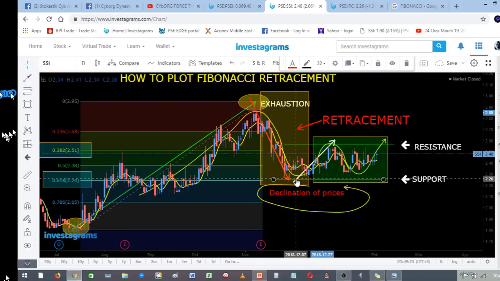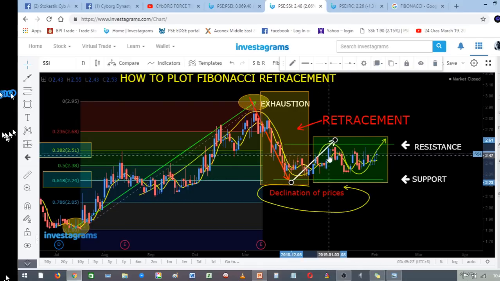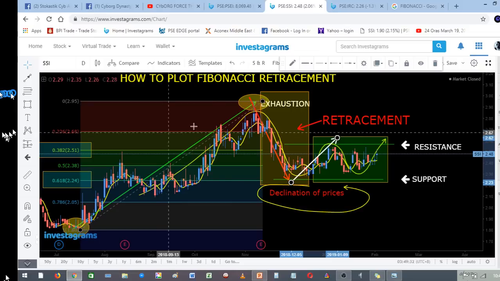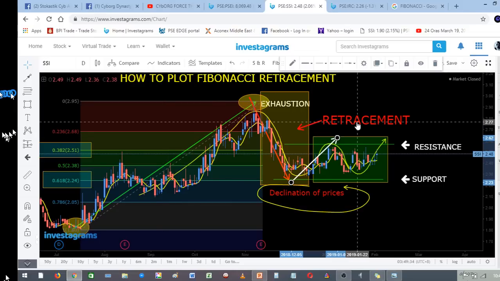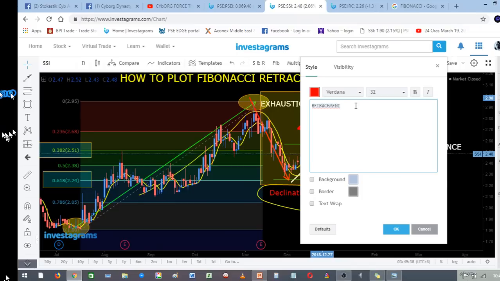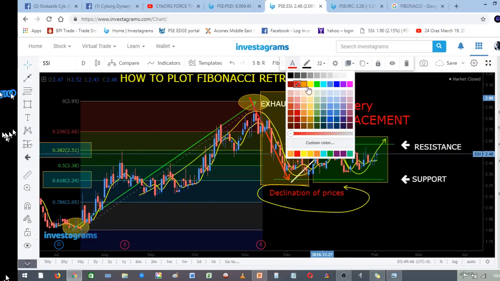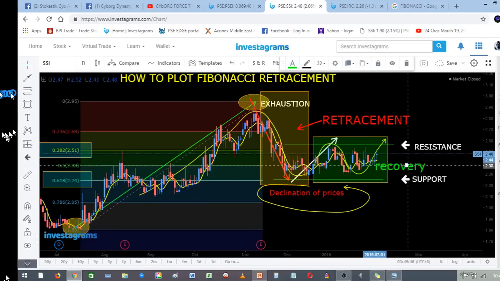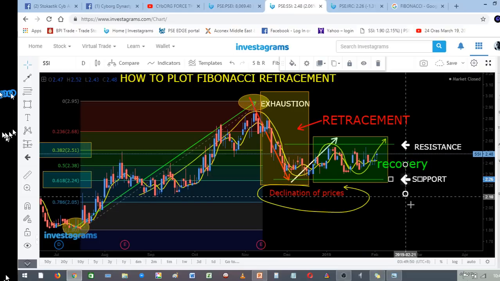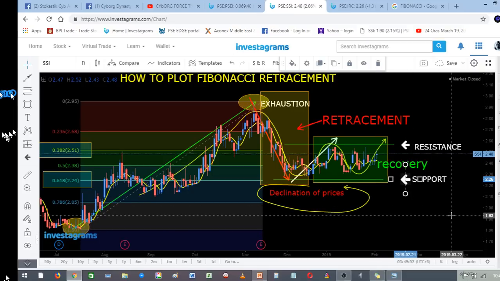And then the recovery, indicated by the white color, is what we call the recovery. So this is now our recovery. All right, guys.